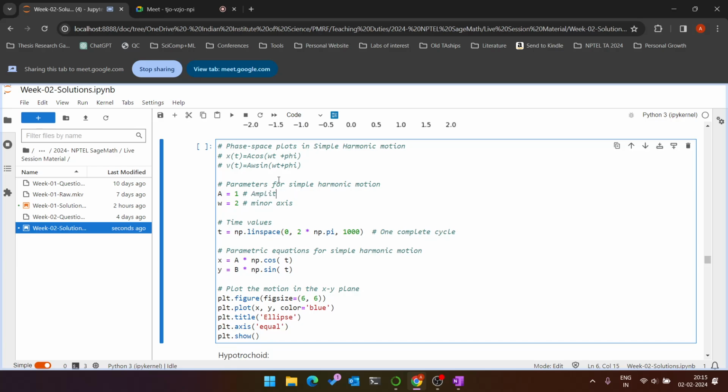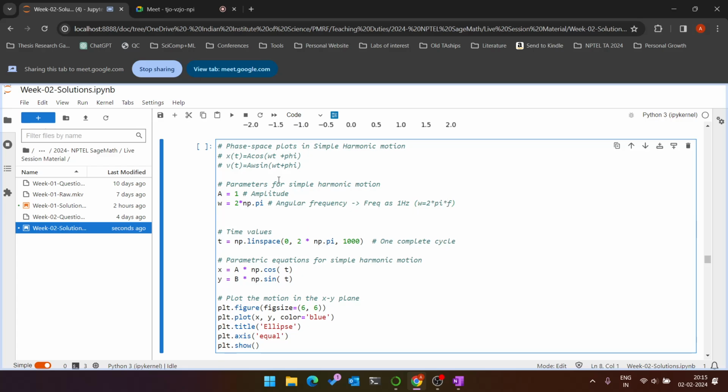This is my amplitude, this is my angular frequency. I'll change this to 2 times np.pi. So my angular frequency gives me a frequency of 1 hertz, because omega is 2 pi times frequency. And suppose my phase is set to 0.